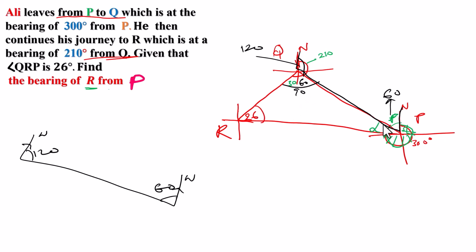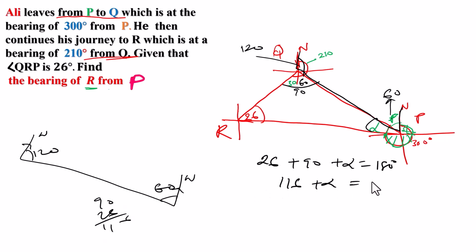So we have alpha. We know this side, and we need to find alpha to be able to calculate the bearing of R from P. So we have 26 plus 90 plus alpha equals 180. 90 plus 26 is 116, plus alpha equals 180.